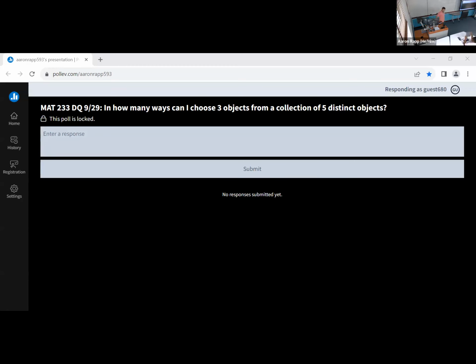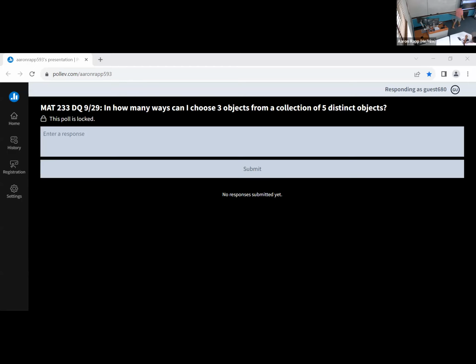All right. Anybody trying to choose 3 objects from 5? Yeah, so I took the pen for the board. There it is. What's the calculation we're doing here? If I choose 3, I have 5 objects, and I'm choosing 3 of them.